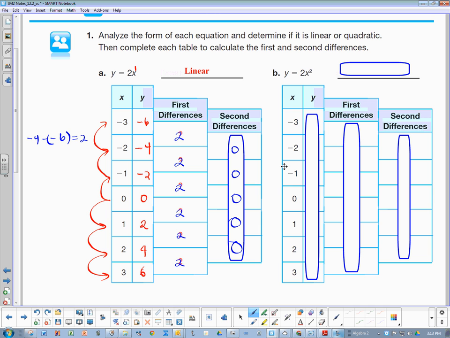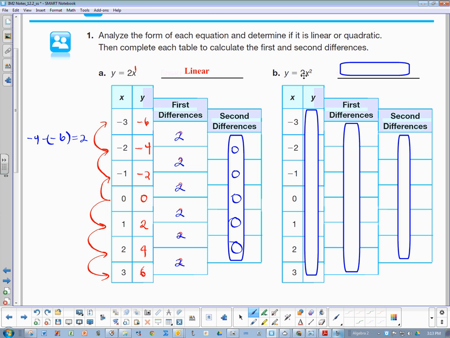Let's figure out what this one is. And these are successive, aren't they? They're consecutive. So we're okay. We're given the green light, we can find these first and second differences. Let's plug in negative 3. What's negative 3 times 2? Well, actually, we've got to square it first. Let's just make sure that we do that correctly.